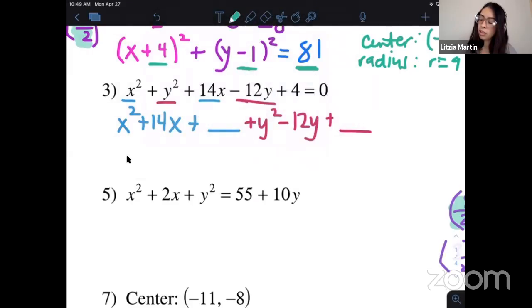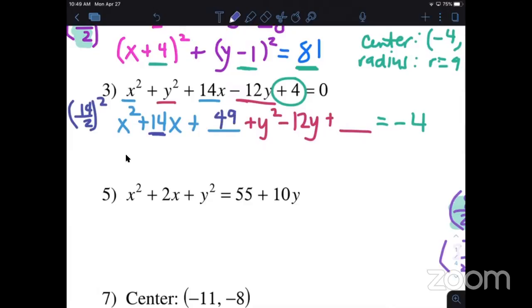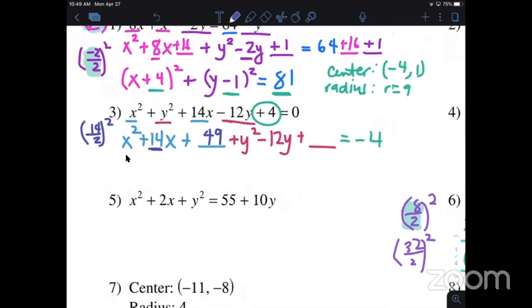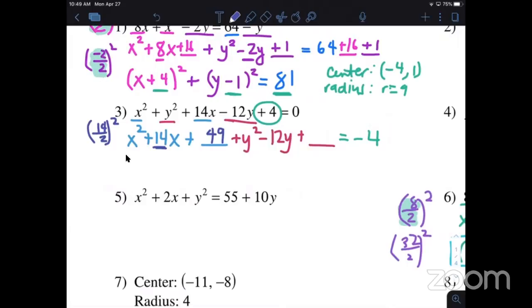And then plus 4, I want to get that to the other side, so I'm going to subtract it. So we have minus 4. Now we take the middle number, divide it by 2, and square it. So that's going to be 49. That's just the formula right there. That the 2 dividing it by 2, you always do that no matter what, right?